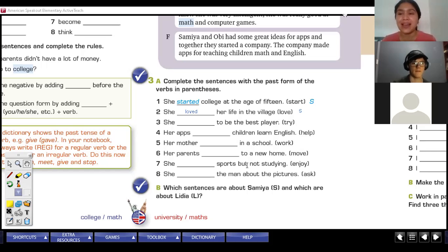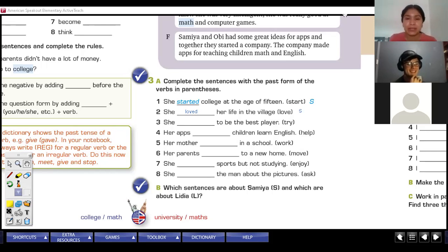V. Try to say it, it doesn't matter that you're alone. V. So it's loved, village. So it's B and V. Okay. So she loved her life in the village.